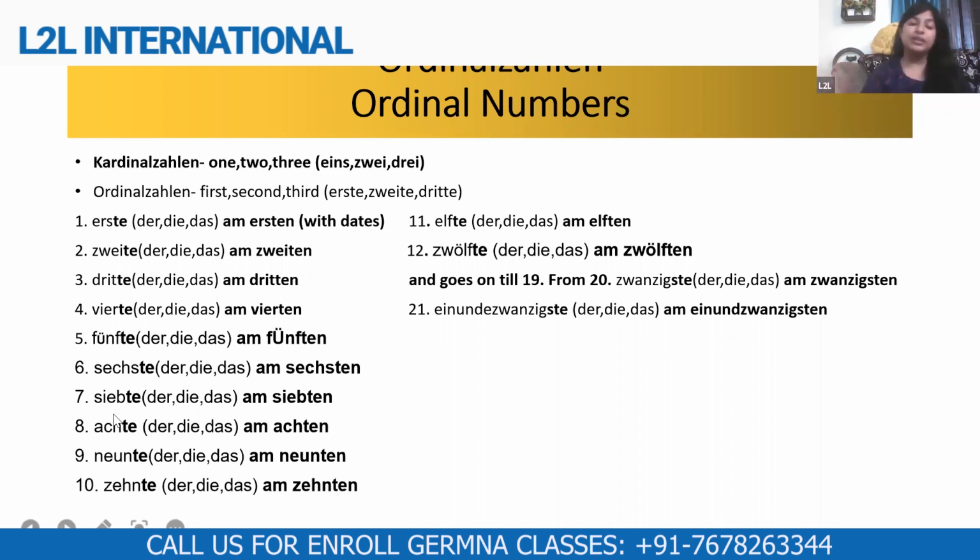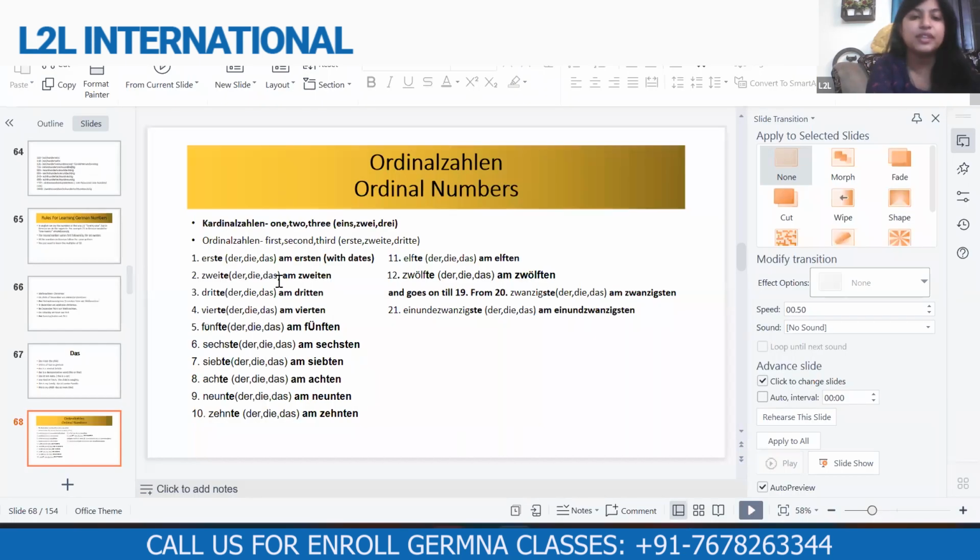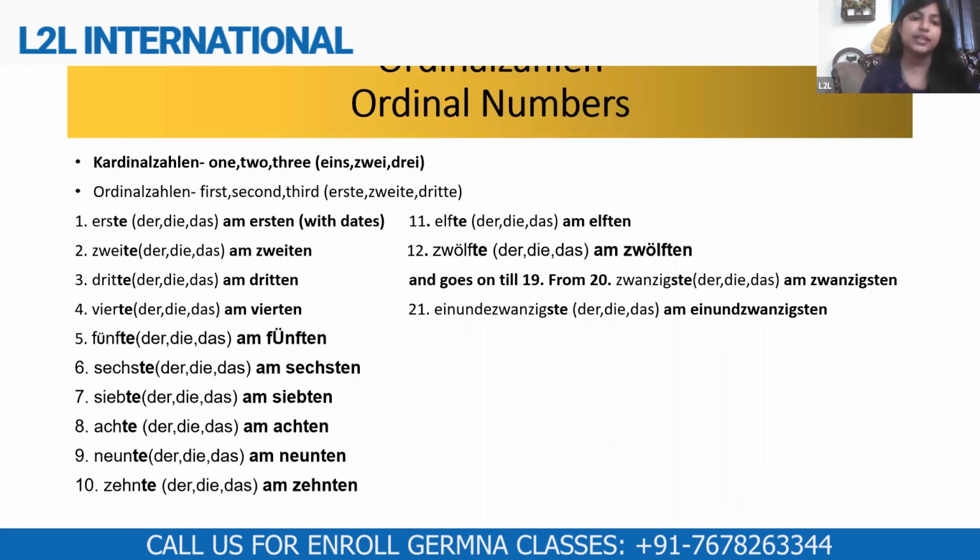And when we talk about dates, for example, on 2nd of July, on 5th of October, on 2nd of April, then we use it with this other form. How? I'll tell you. So first, let's talk about the normal first, second, third.